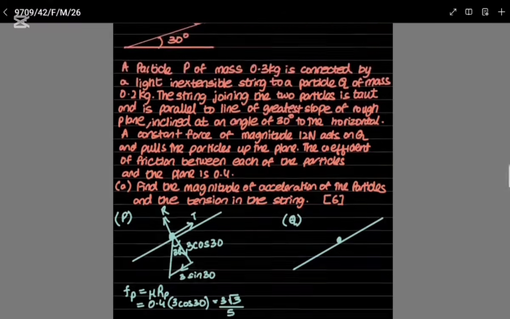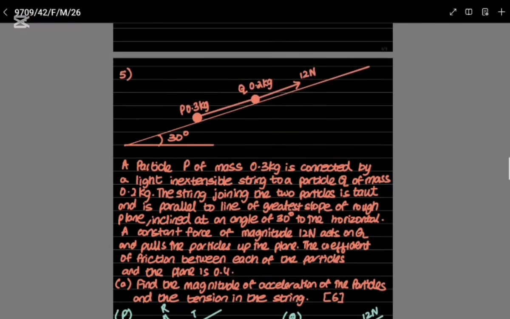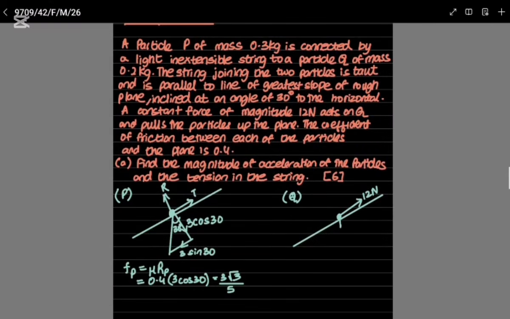Now same thing for Q. For Q, we have a 12 Newton force over here. Now let's resolve the weight. So this is 30 degrees, this is going to be 2 cos 30, and this is going to be opposite, so 2 sine 30.